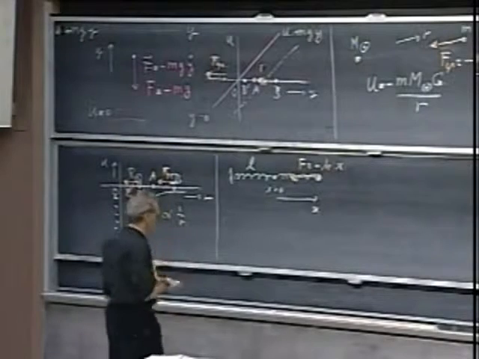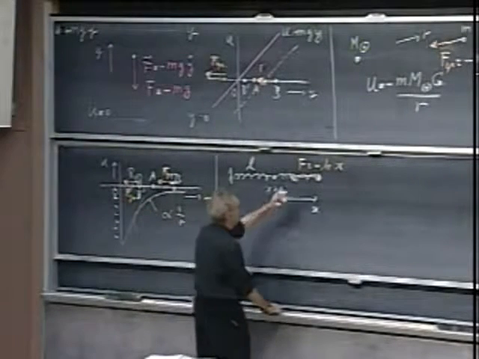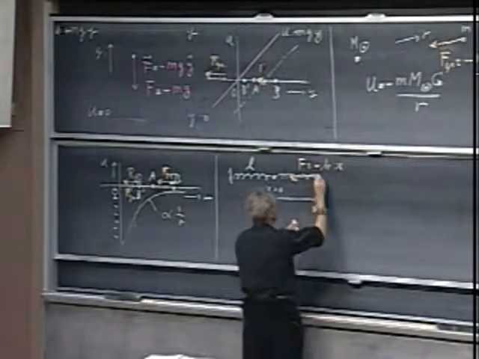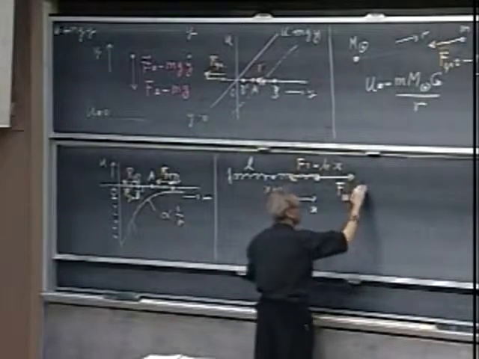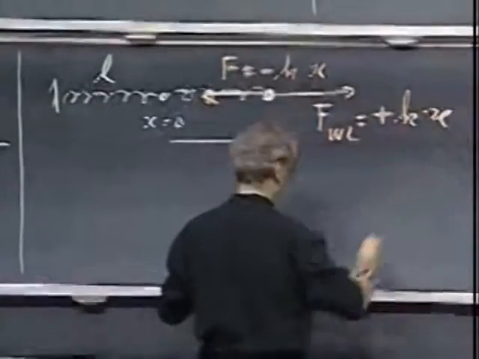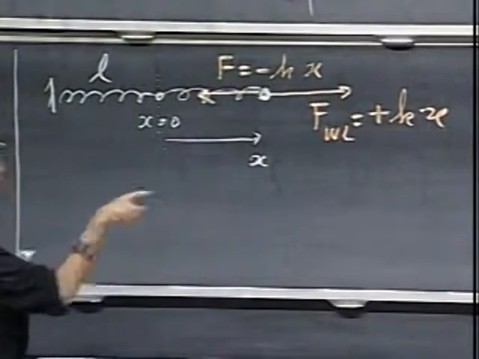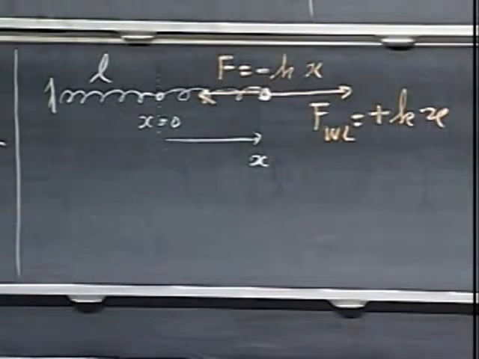There is no friction here. It's clear that if I hold this in my hand, the force of Walter Lewin equals plus kx. It's in the direction of increasing x.